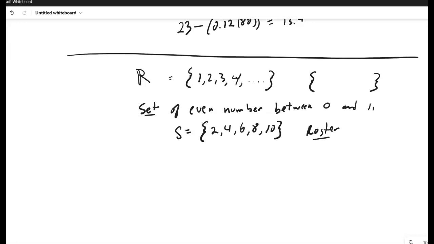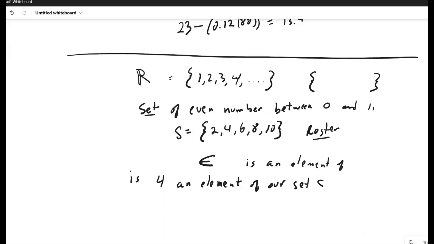Now, there's a symbol you're going to see that looks like this. That means "is an element of." So, is 4 an element of our set S?